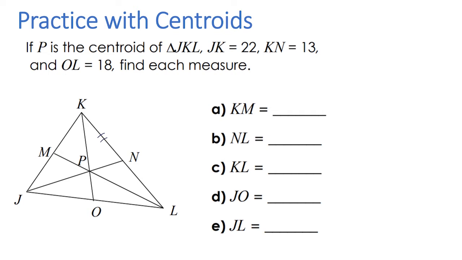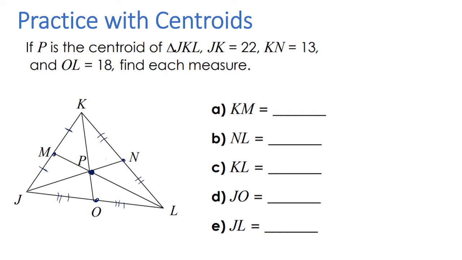That would make KN congruent to NL, JO congruent to OL, and KM congruent to MJ, because if P is the centroid, M, N, and O would be midpoints. So let's look at our given information to find each measure.